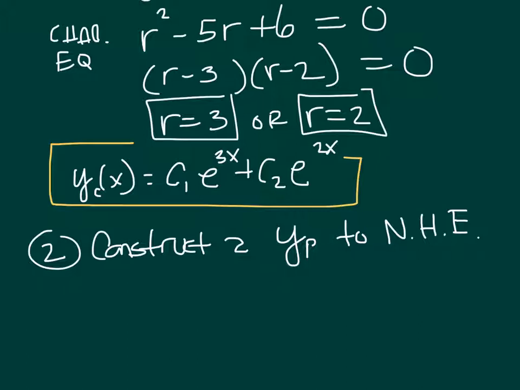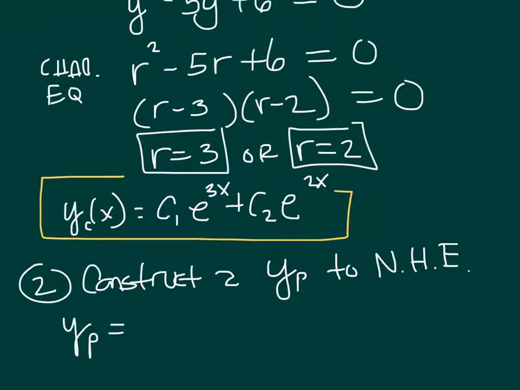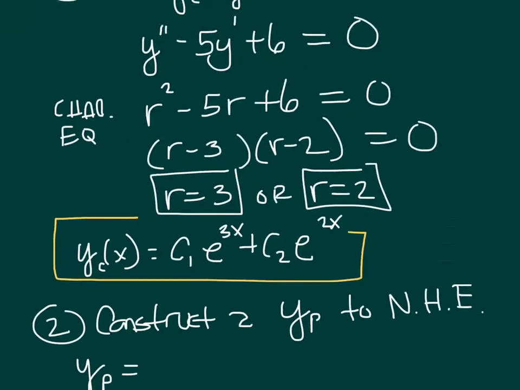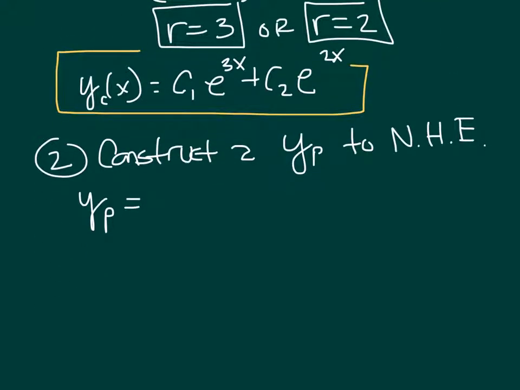So for our y sub p, what was our f of x? Well, the form was linear, mx plus b or ax plus b. So I'm going to pick ax plus b.